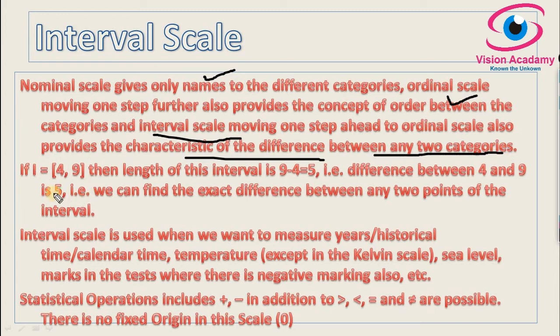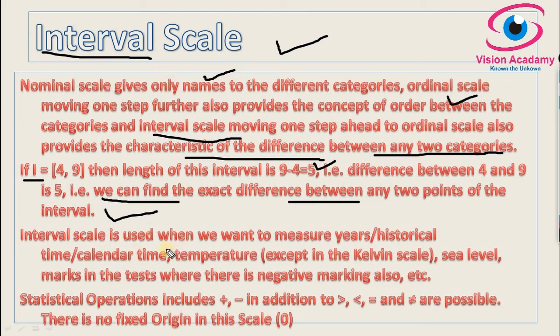So if you want to know how it works, if an interval is from 4 to 9, the length of this interval is 9 minus 4, which is 5. The name itself is telling: interval between 2 variables. In the sense, we can find the exact difference between any 2 points of the interval. That is why it is named the interval scale.